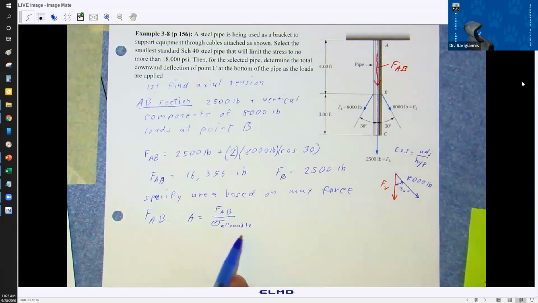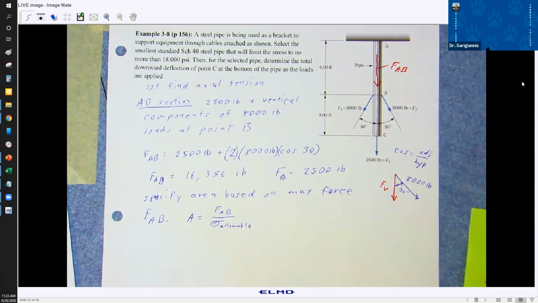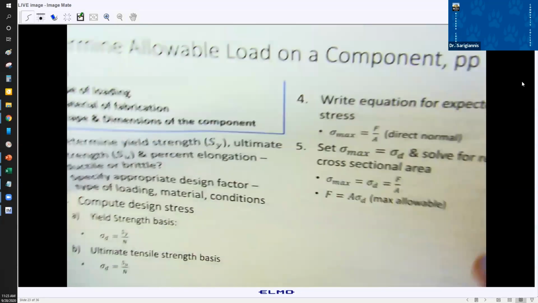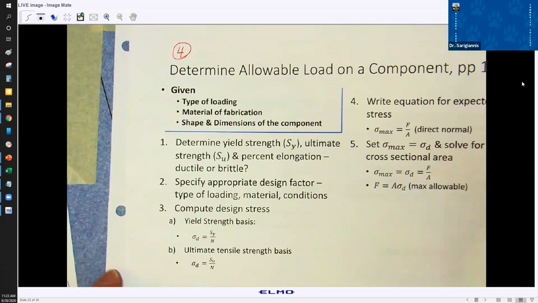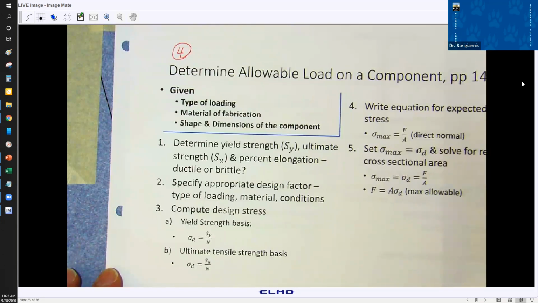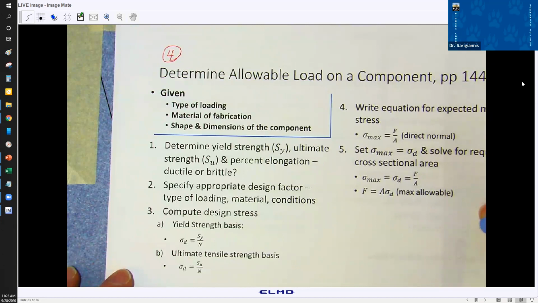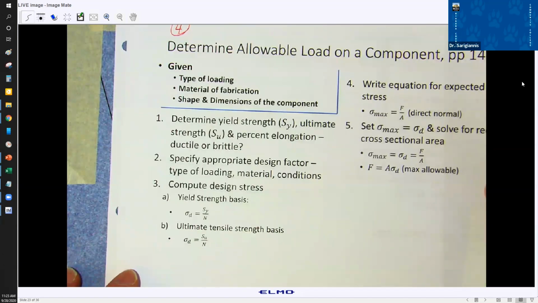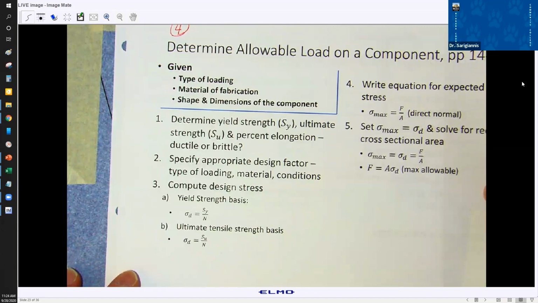We were given a stress for this, and maybe I should specify shape and dimensions, loading. We were given the type of load and the material and fabrication.